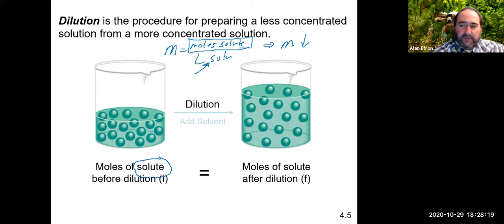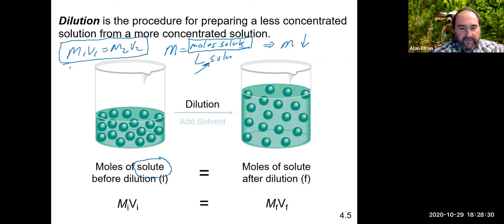And we do have a dilution equation, and usually that dilution equation is M1 V1 equals M2 V2. This is usually the before the dilution on the left-hand side, and after the dilution on the right-hand side. It doesn't necessarily have to be that way, but that's usually the arrangement.